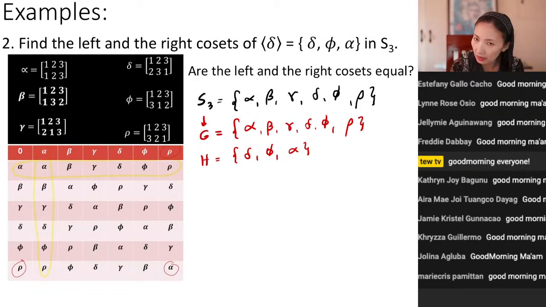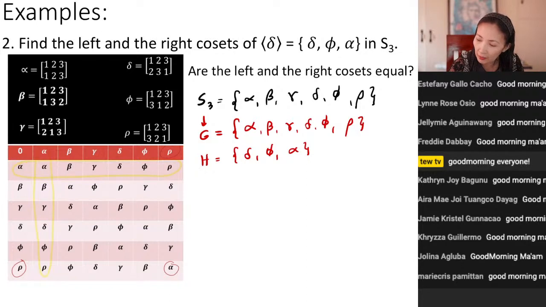Next, I think we have checked on this before when we discussed subgroups. Check on the properties. Remember the properties of a group: closure, associativity, existence of an identity element, and inverse. So, the identity element is contained in the group.